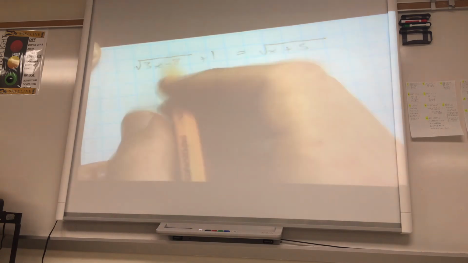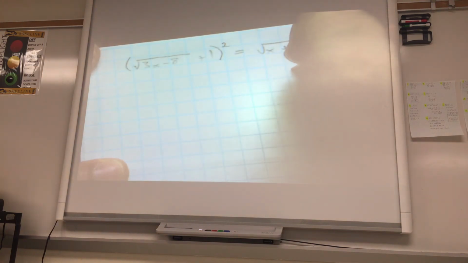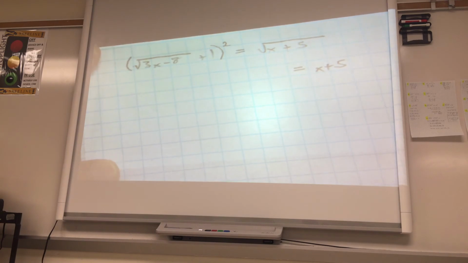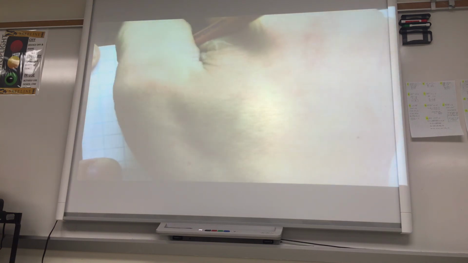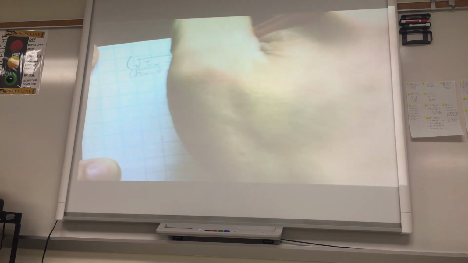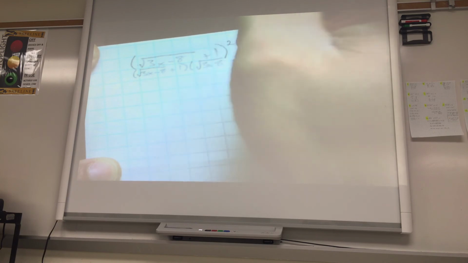When I square each side, remember, it's the entire side squared. This side is just going to be as simple as this. But this side is this times itself. So let me write it real small. What that means is square root of 3x minus 8 plus 1 times the square root of 3x minus 8 plus 1.